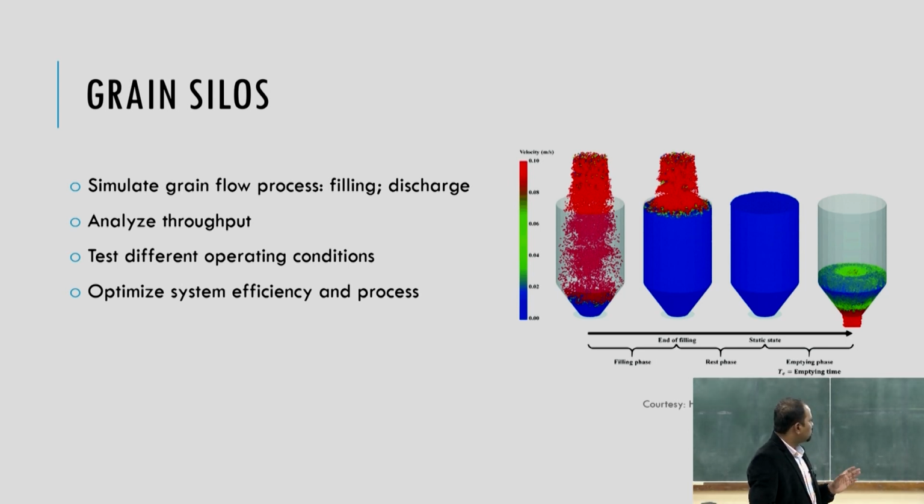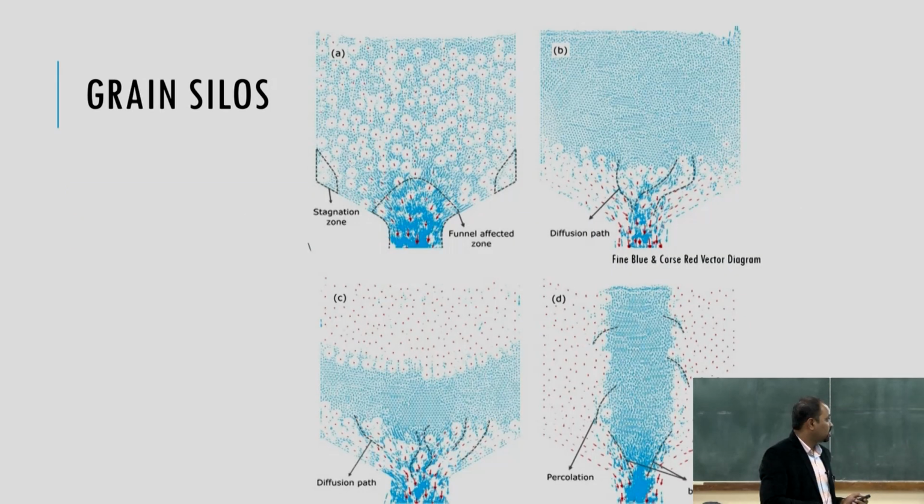In this we can do different tests, right, how to design the silo, or whether our silo is correctly designed or not. Like you may be aware of the rat holing in the silo. Rat holing issue? Okay. What it is? Mass flow and funnel flow. Okay, pipe flow, yeah.